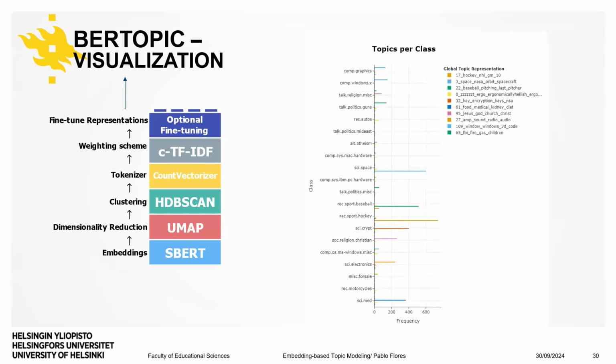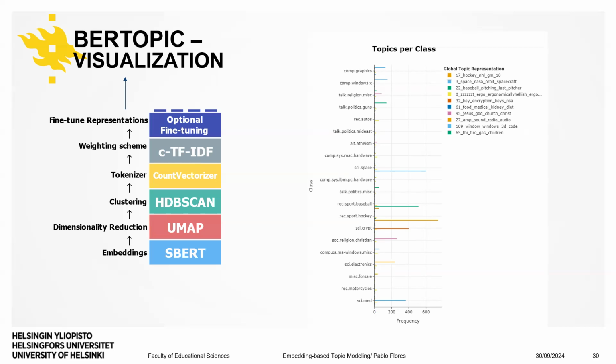And then we have topics per class. If our data has classes, for example this one from the 20 Newsgroups, a toy dataset, a big dataset with already classified documents that machine learners use to train custom models and test performance. So here we have documents that already have a class.